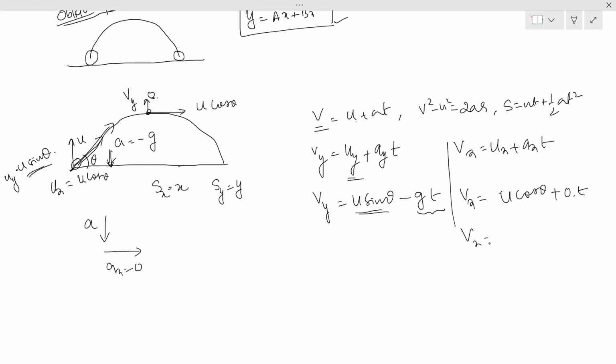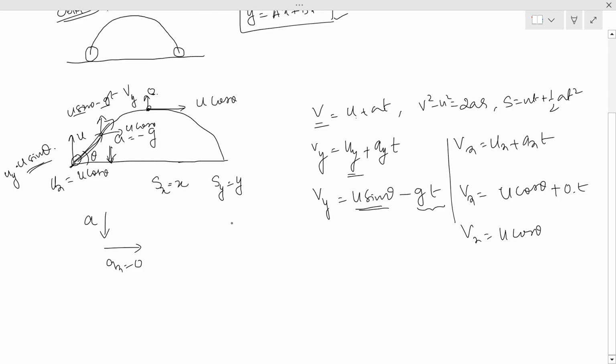So vx equals u cos theta. Anywhere you take, the x component will be the same, irrespective of time, but when it is moving up, the y component will be decreasing, u sin theta minus gt. Once you come to the highest point, the vertical velocity will be 0.